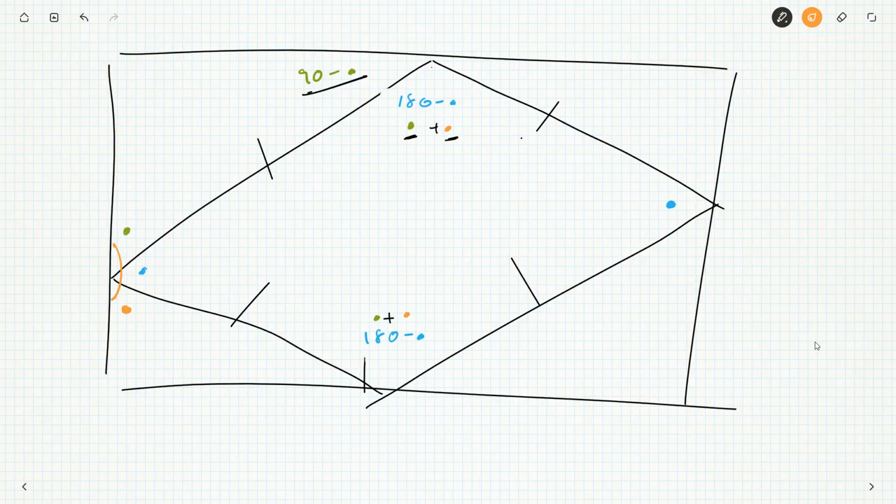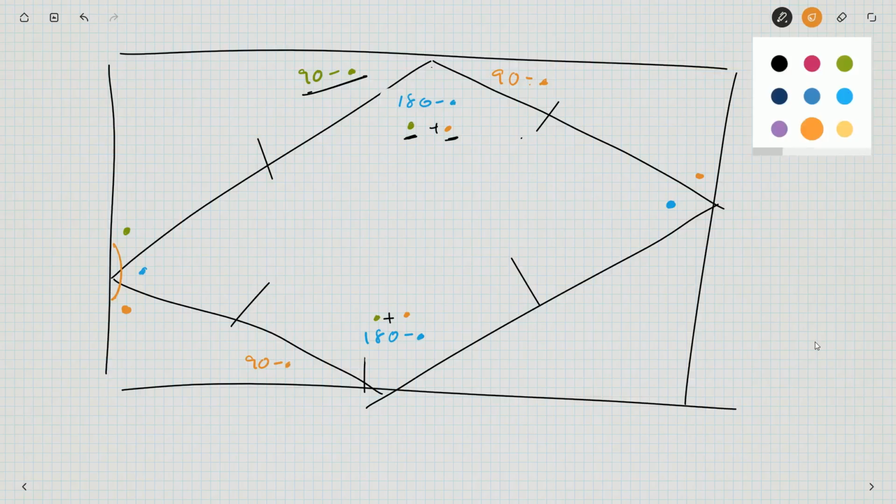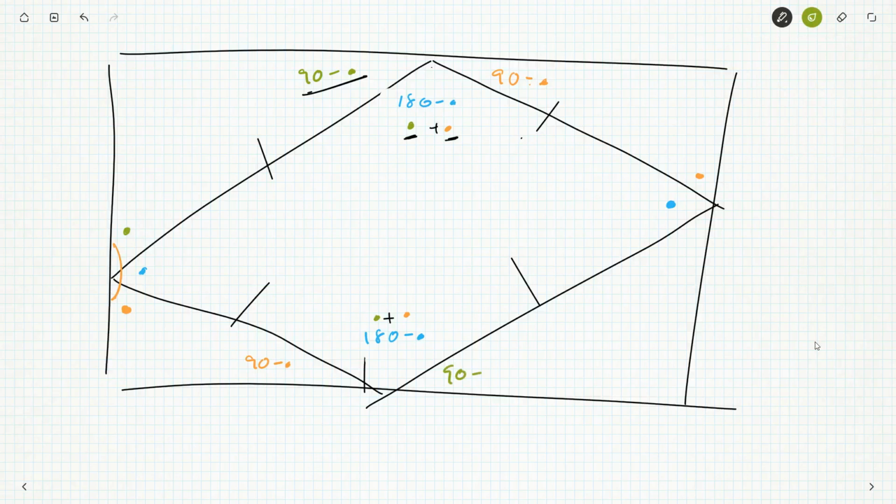And so if I got 90 minus orange dot, then I need orange dot plus 90 to make the full 180. No, 90 minus orange dot. And that puts orange dot here. We've got 90 minus orange dot here. Similarly, must have 90 minus green dot here and green dot here. And now these guys are congruent, just as I suspected.